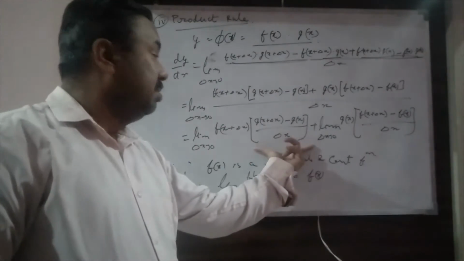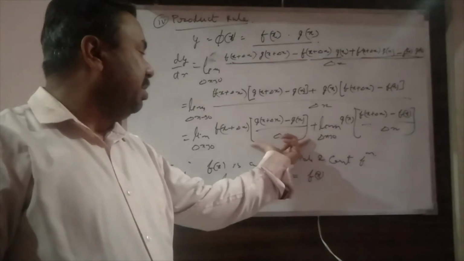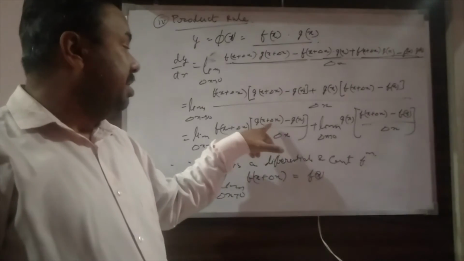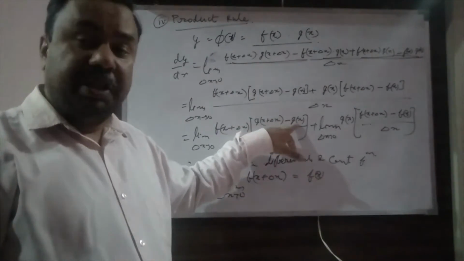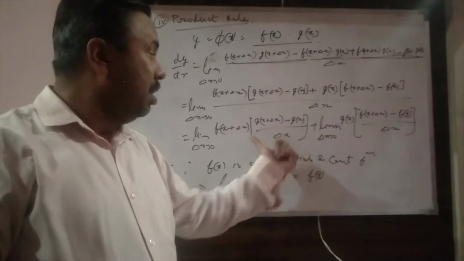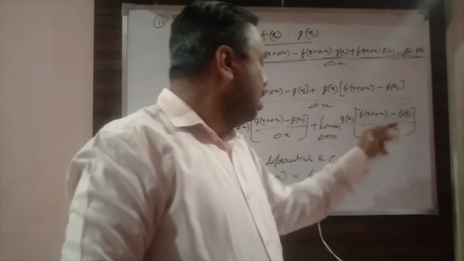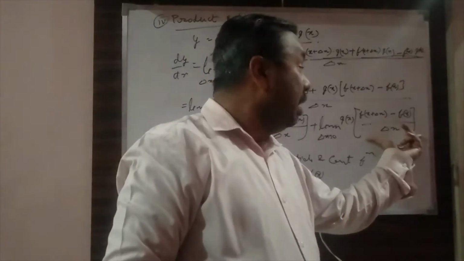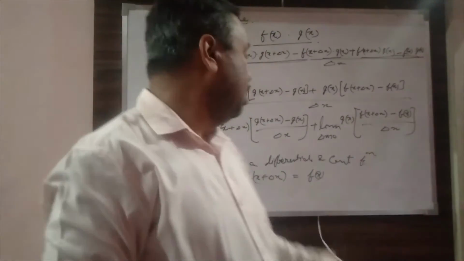Now when I operate the limit, this becomes d/dx of g(x), that is [g(x + Δx) − g(x)] divided by Δx. So this is d/dx of g(x). In this term, g(x), no problem, and this is d/dx of f(x), or f'(x).